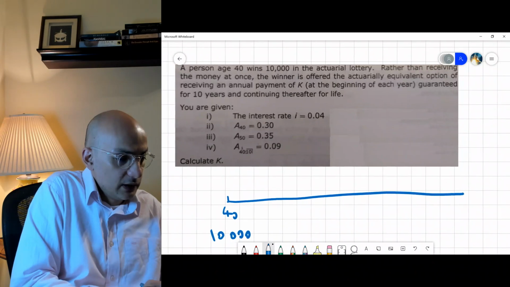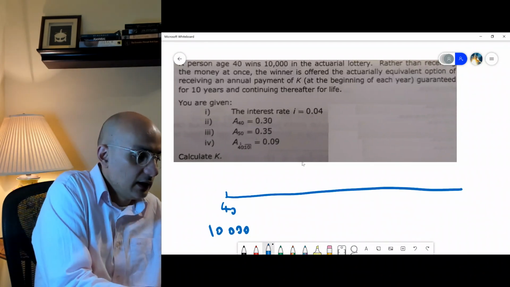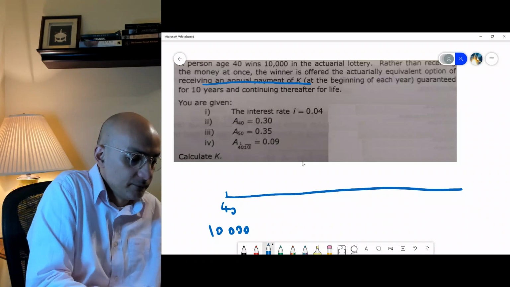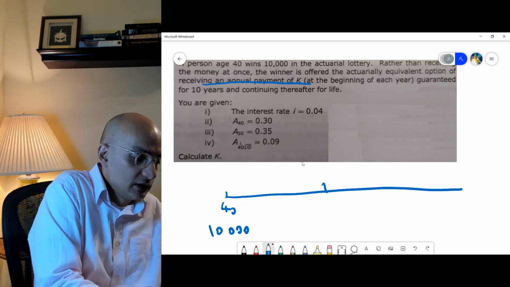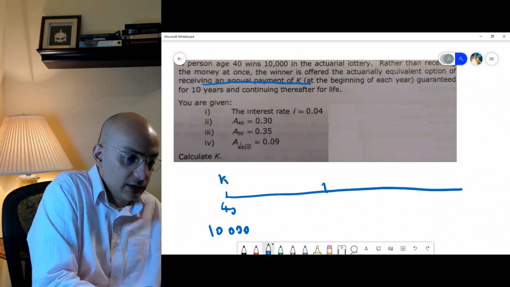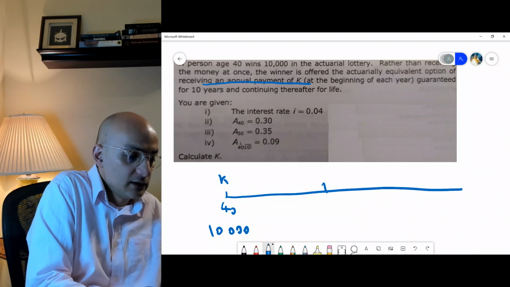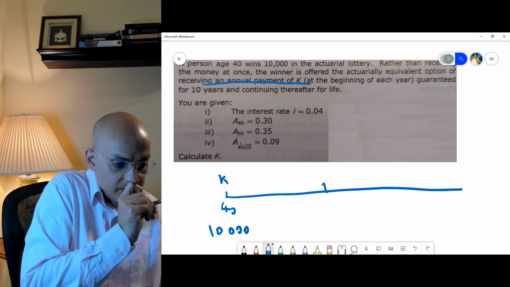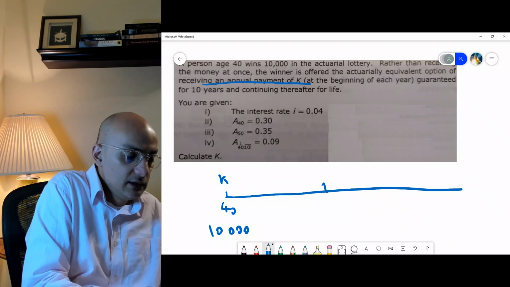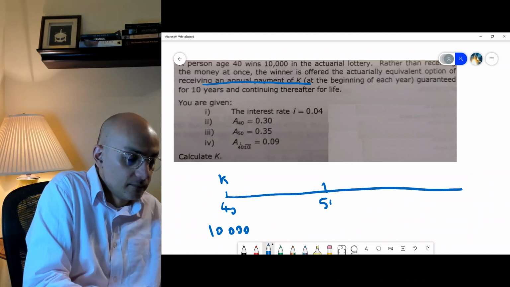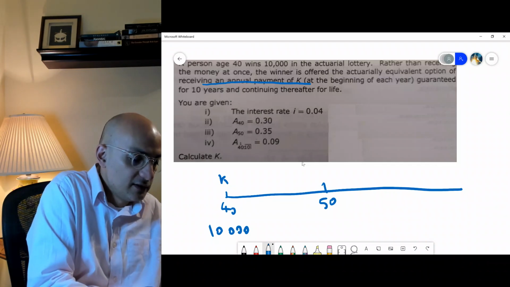The offer is the actuarial equivalent of the option of receiving an annual payment of K at the beginning of each year. So K at the beginning of each year, guaranteed for 10 years. Guaranteed for 10 years. So at the beginning of the year. So this is guaranteed.